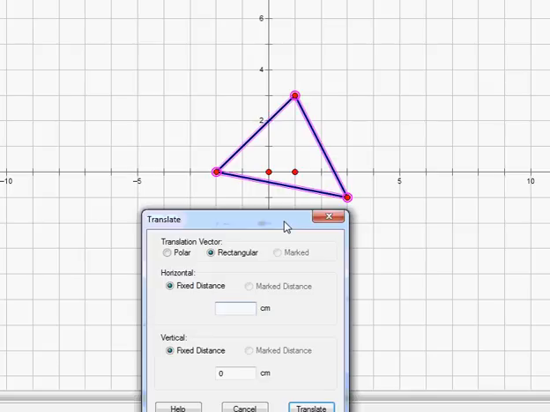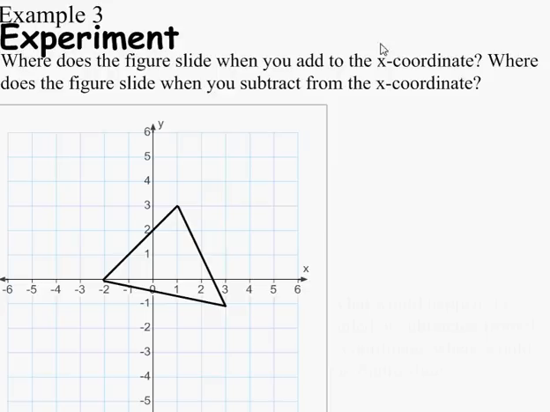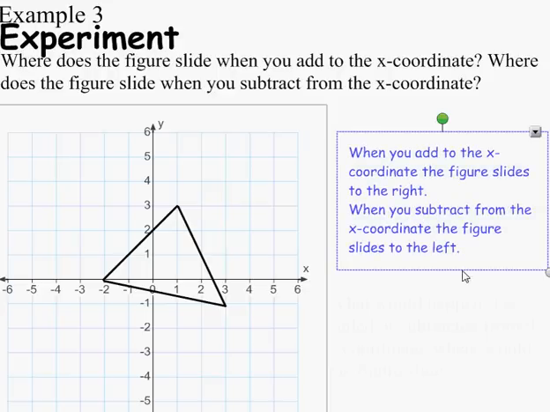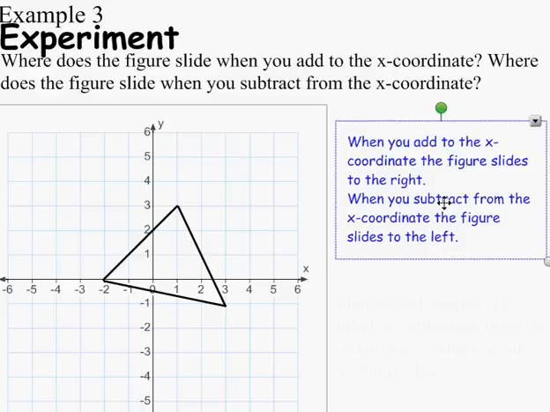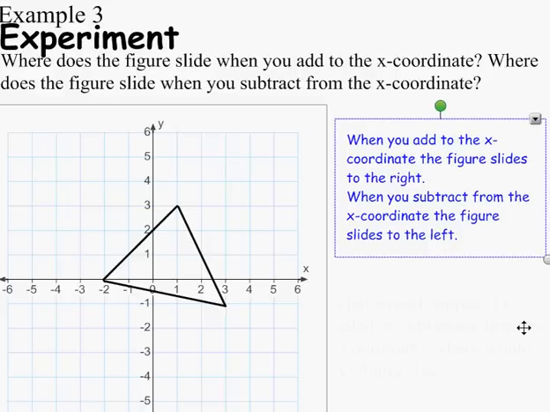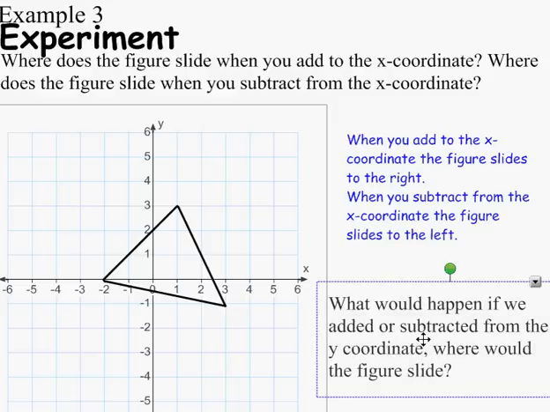What would happen if I subtract 3 from the x coordinate? The figure shifts to the left. So to answer the question, when you add to the x coordinate, the figure slides to the right. When you subtract from the x coordinate, the figure slides to the left. Here's a question I want you to answer.